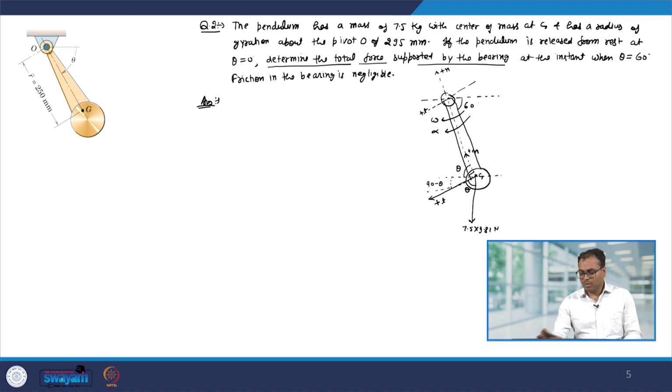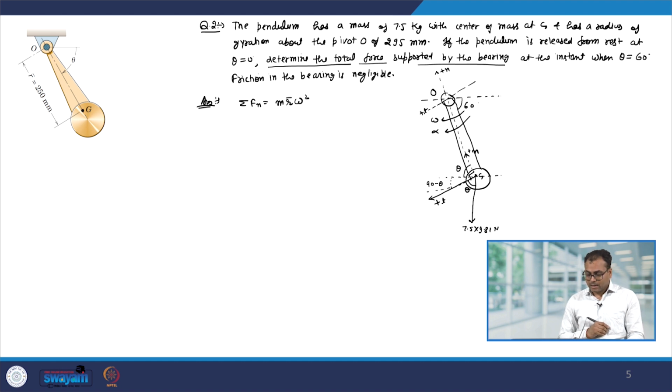So, we can now write down the equation of motion in the n and the t direction. Note that about O, this is making a fixed axis rotation, and in the fixed axis rotation the force in the n direction is m r omega square.